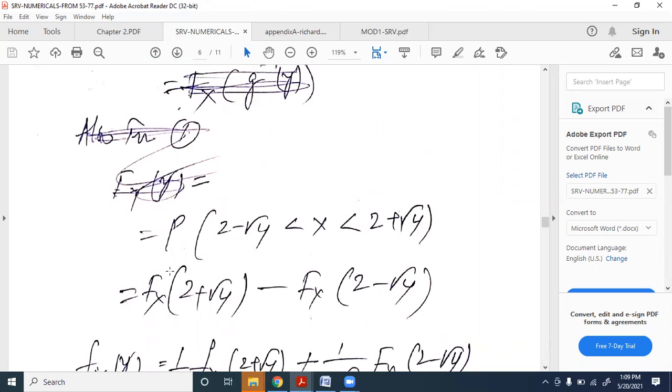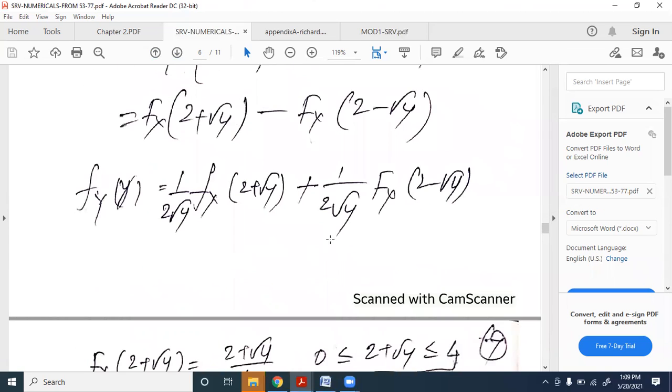So that will turn out to be Fx(2 plus root y) minus Fx(2 minus root y). If you differentiate the CDF, you'll get the PDF. We need to write the internal derivative of that, which will be 1 by 2 root y.